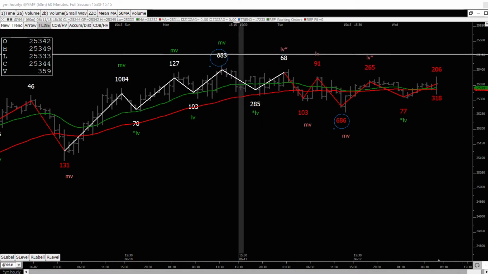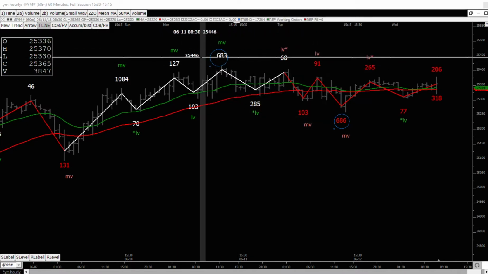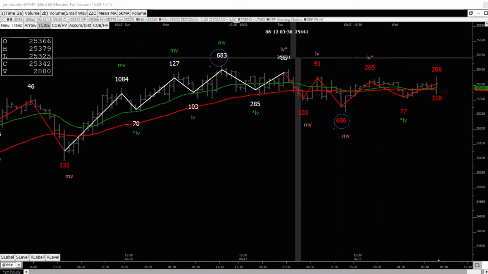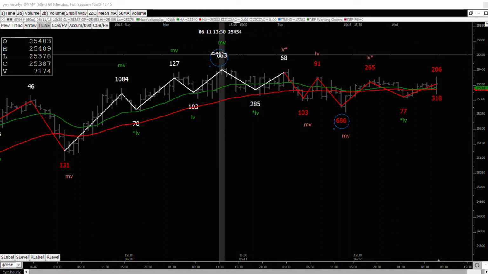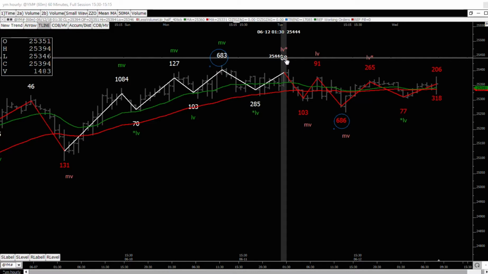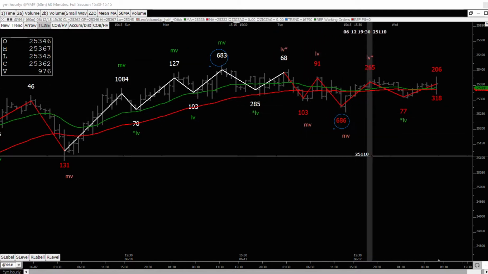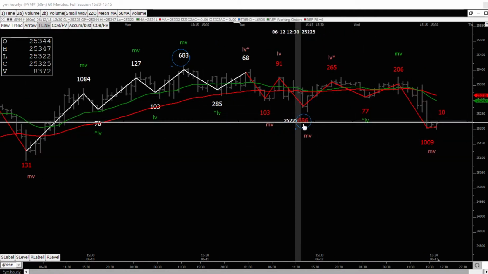Look at this, 686 to 68. That's a major change. How do you go from 10 times more volume to one tenth of the volume on the up waves? So obviously there's something going on. So that's what happened.